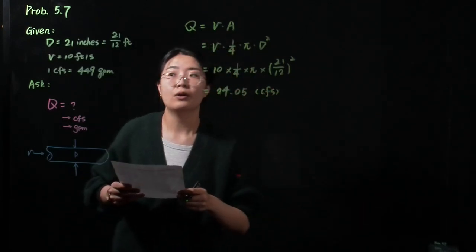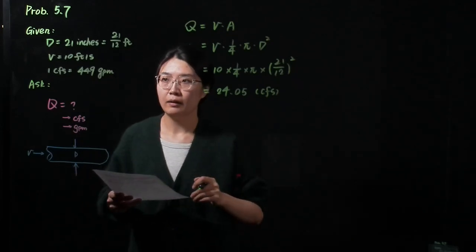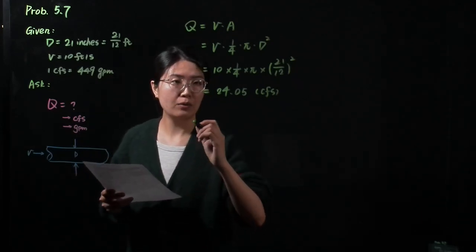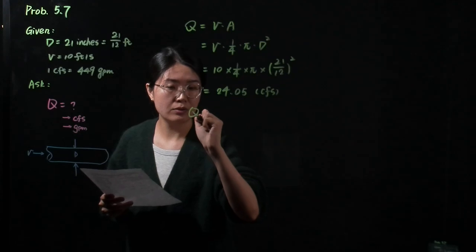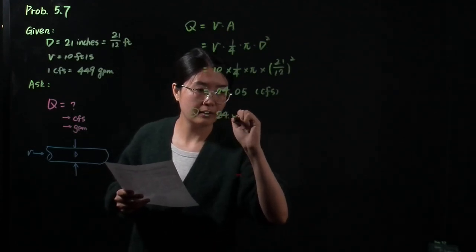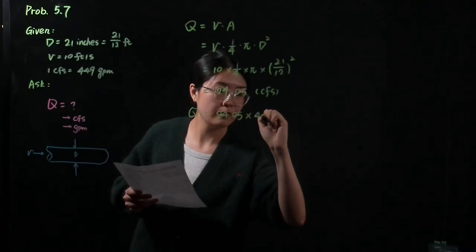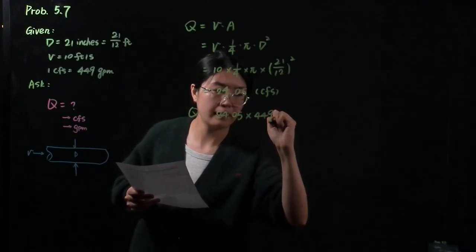And we also want to know the flow rate in gallons per minute. So we should use Q equals 24.05 times 449.